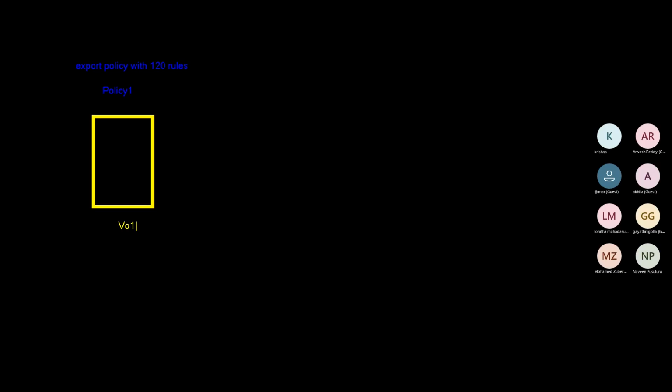Let's assume I have created an export policy called policy 1 with 120 rules in it, and I have applied this policy to a volume called vol1. Now I got a requirement from the client that out of these 120 servers, he wants me to create another volume, and he needs access to that particular volume only for 100 servers.